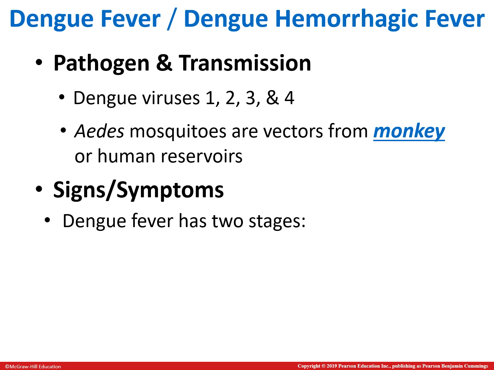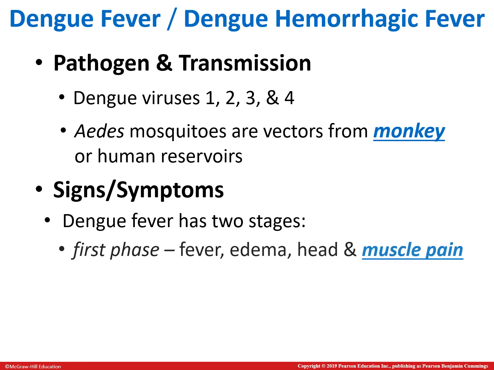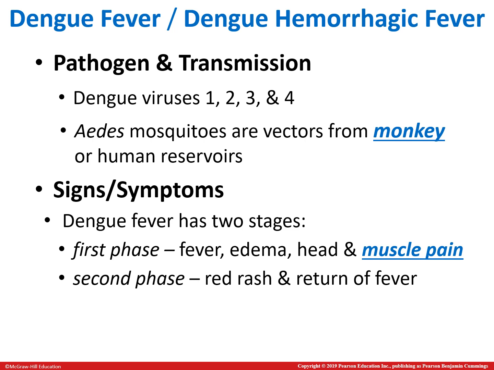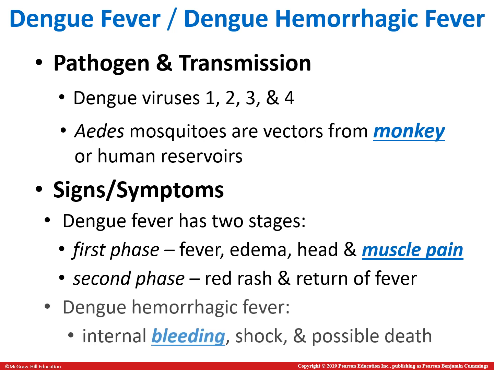And so typical signs and symptoms, again, there are 2 different stages of the dengue fever version. The first of which is very, again, vague: fever, headache, and muscle pain. The second phase can be a rash and a return of fever, but only if you get reinfected with the same strain of virus will you have what's called dengue hemorrhagic fever.